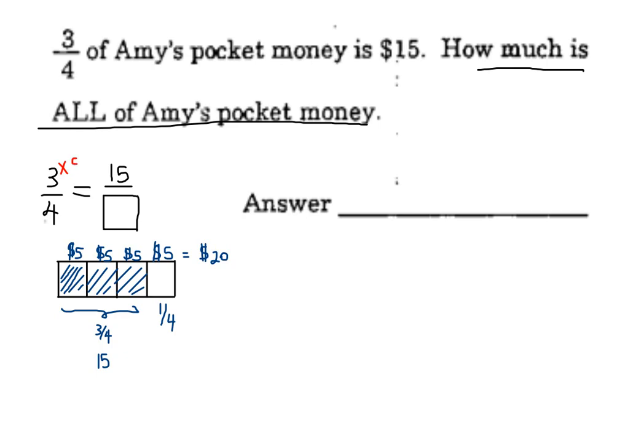Now, if it's an equivalent fraction, it means that we have to multiply the numerator and denominator by the same number. What's 4 times 5? 20. So her total pocket money would be this number here, 20. So what would we write as the answer? 20. Very good. $20. There you go.